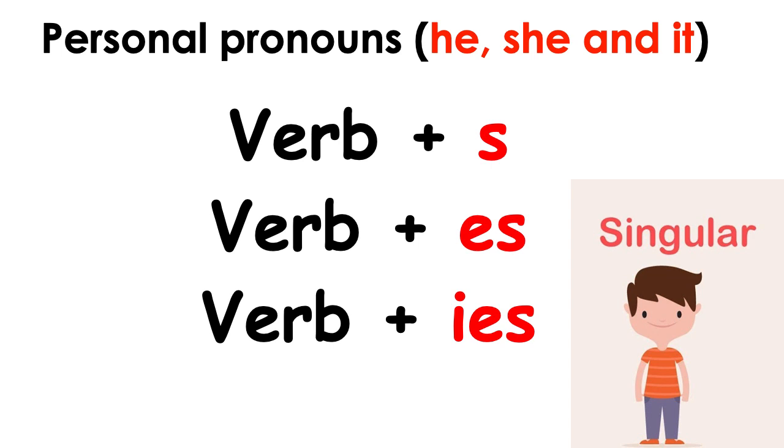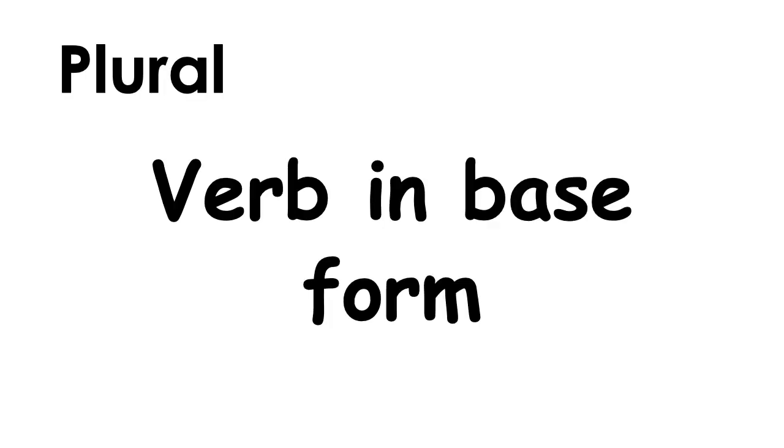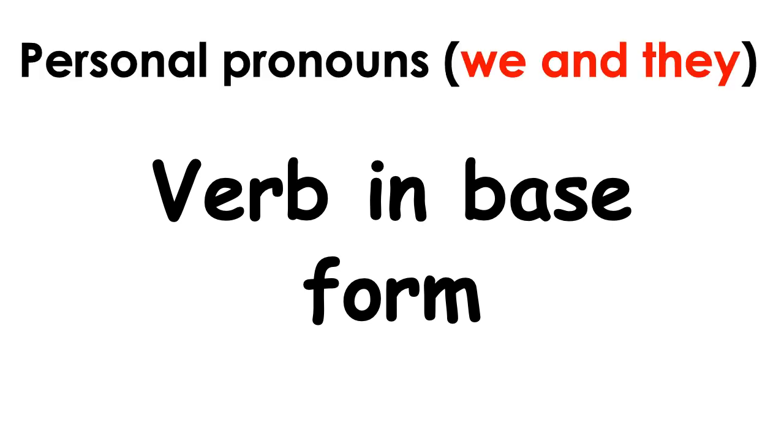Okay? Kalau satu subjek. So when the subject is in plural, the verb must be in the original form, or we call it the base form. The personal pronouns in plural, which are we and they, the verb followed by it must be in the original form.